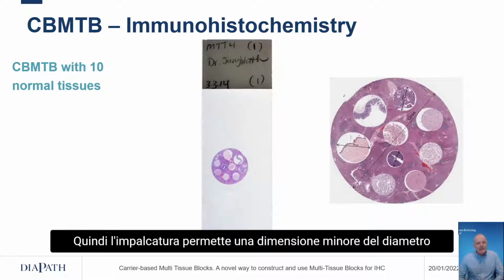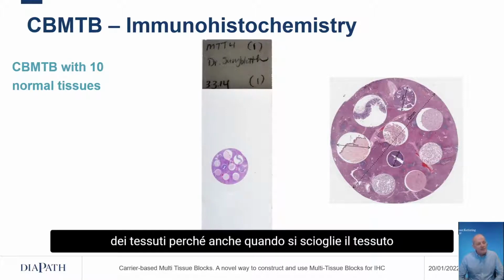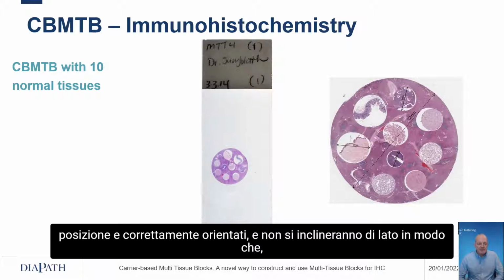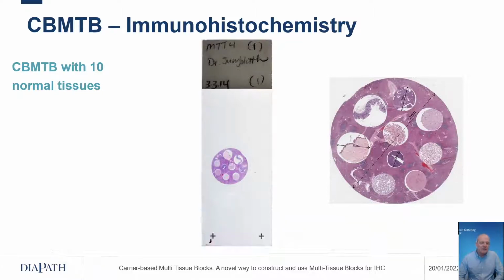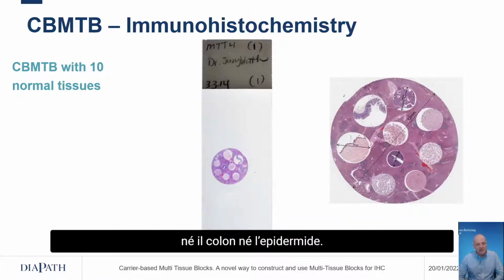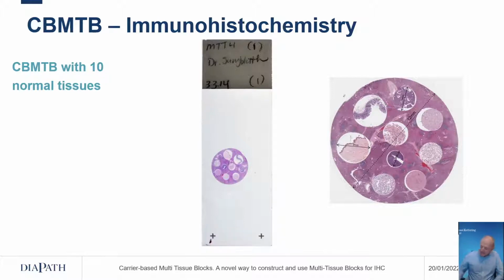So the scaffolding allows for a smaller size and diameter of the tissues, because even when you melt the tissue during re-embedding, the colon and the skin are held in place, and they will not somehow tip to the side, and all of a sudden you don't see any epidermis anymore, or colon. So the way you embed it is the way you're going to see this here.